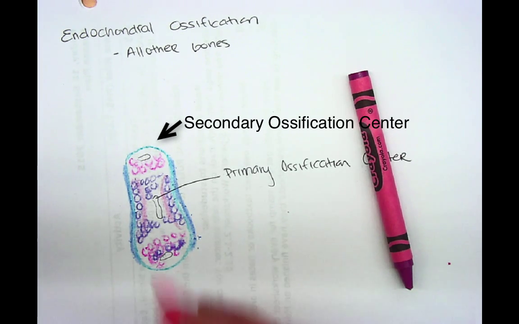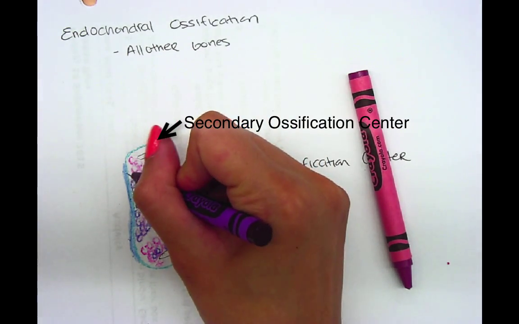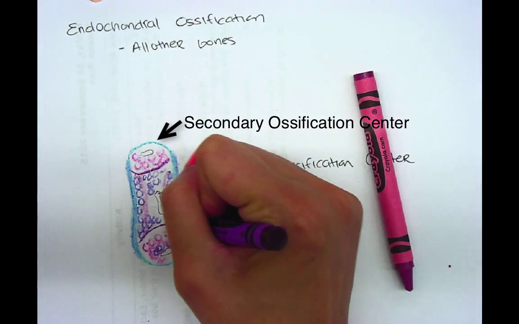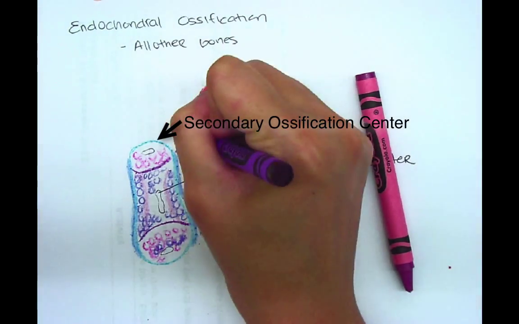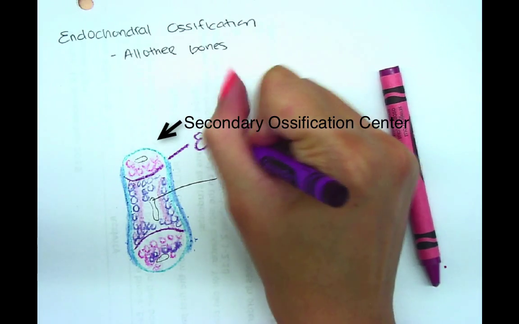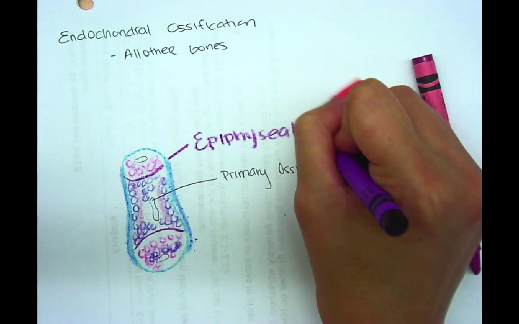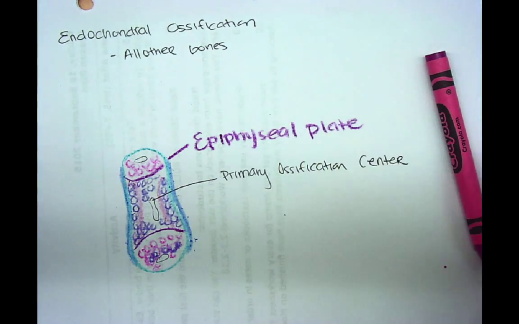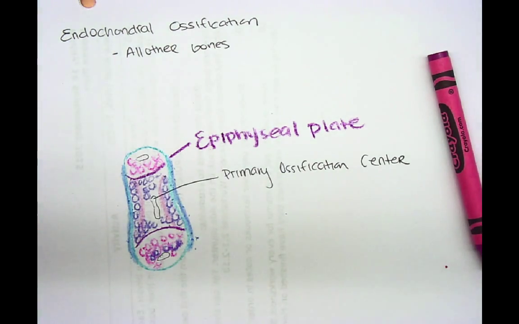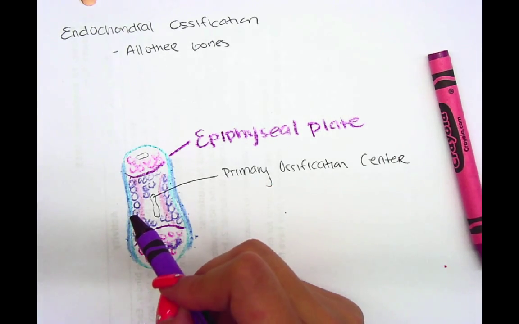So where the primary osteoblasts and the secondary osteoblasts meet, that's going to be our epiphyseal line. And that growth plate is actually made up of different layers of cells.